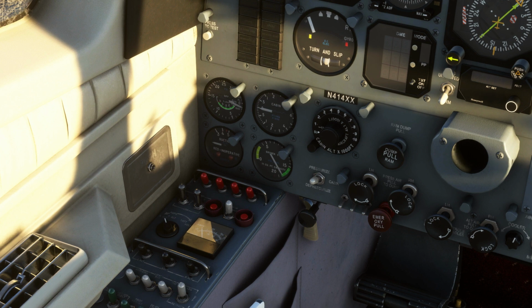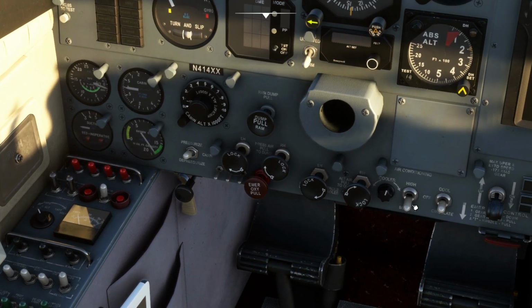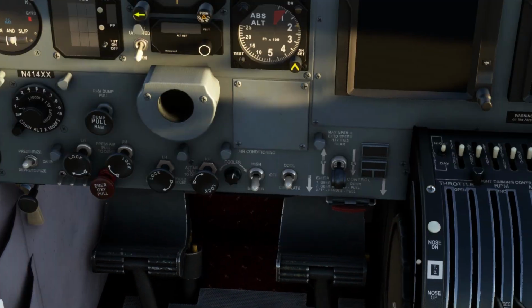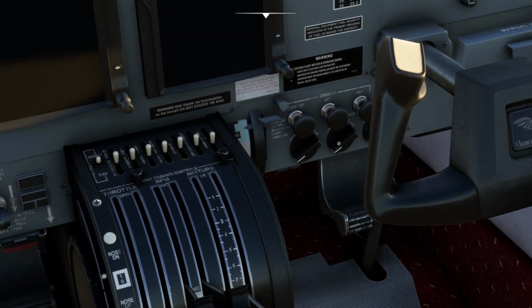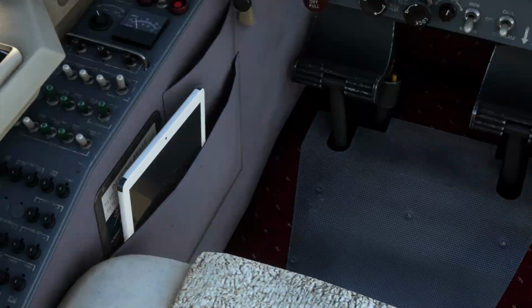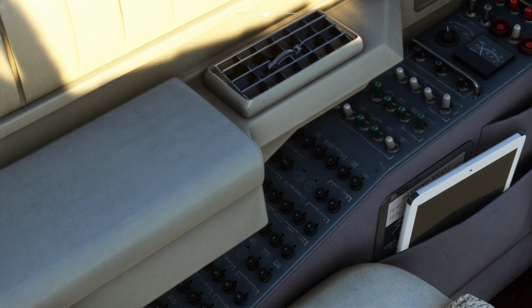In this aircraft you have to do it yourself. This is the pressurizing system. You've got the air conditioning system here for cooling the air inside, and you have the heating system, which is made of this plus the buttons here.